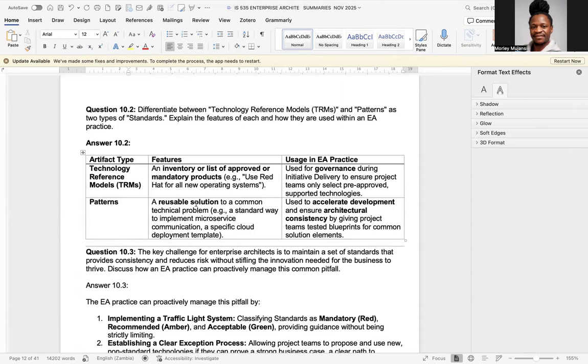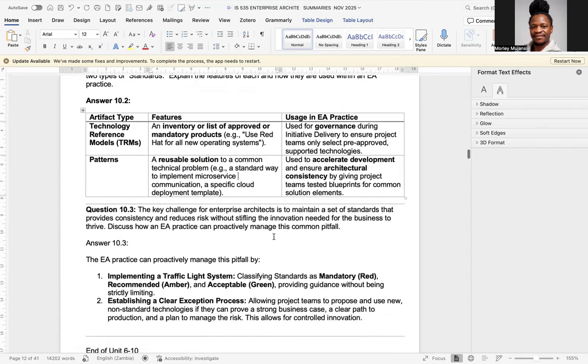And then the patterns, these are reusable solutions, e.g. a standard way to implement microservice communication, a specific cloud deployment template. These are used to accelerate development and ensure architectural consistency by giving project teams tested blueprints for common solution elements.